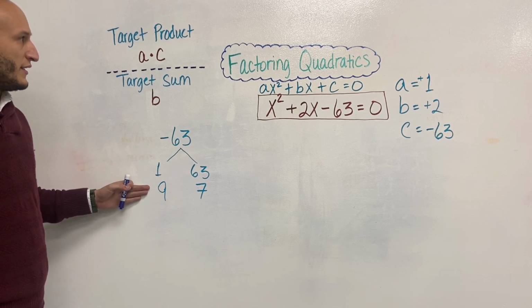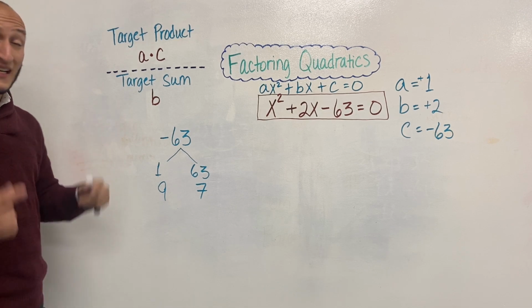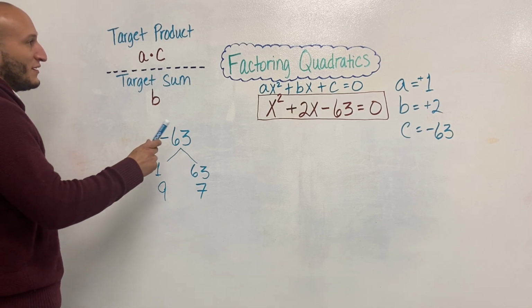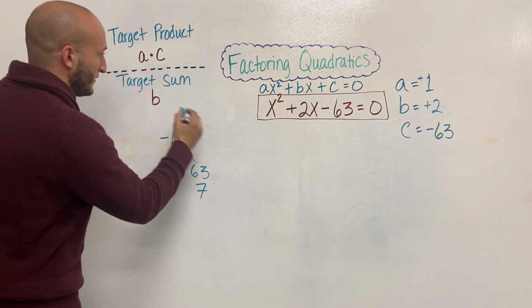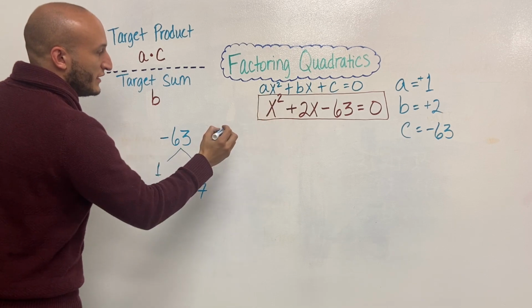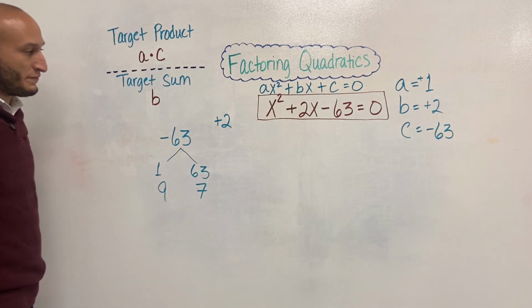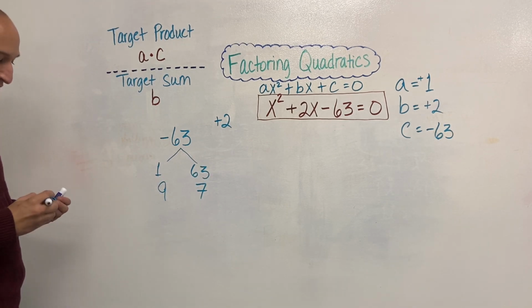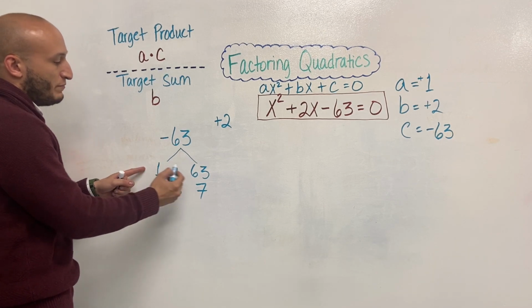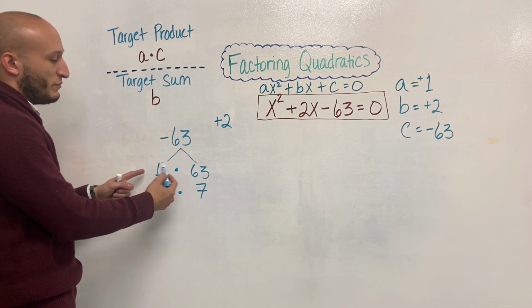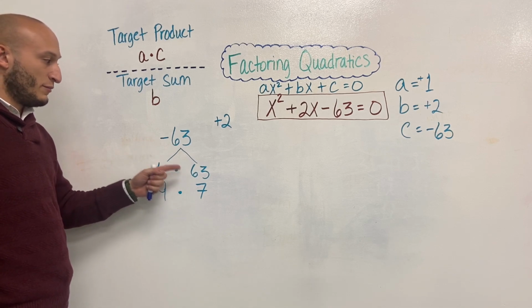The hardest part in factoring is this little section, because it has to meet two conditions: target product and target sum. I'm going to write the sum here to the side, which will be B. So B is a positive 2. One of the pairs is going to have to have a negative, because 1 times 63 is a positive 63, but I have a negative.